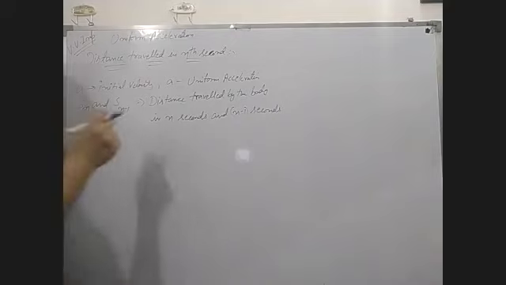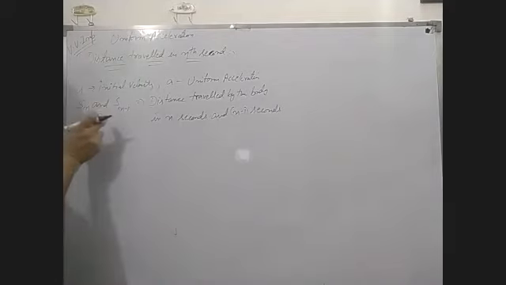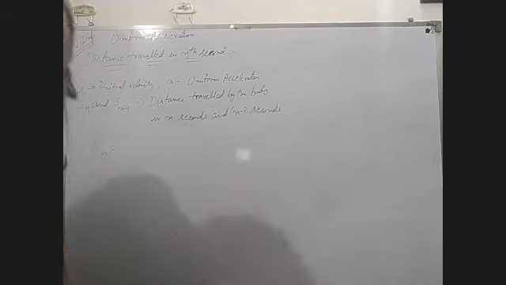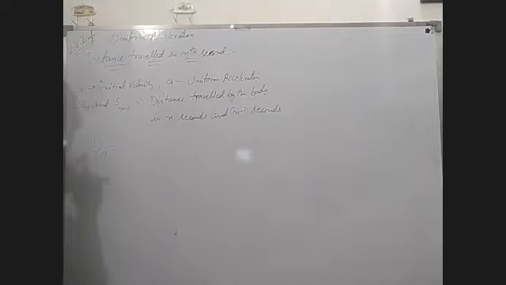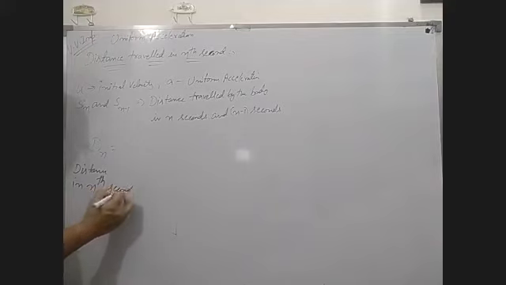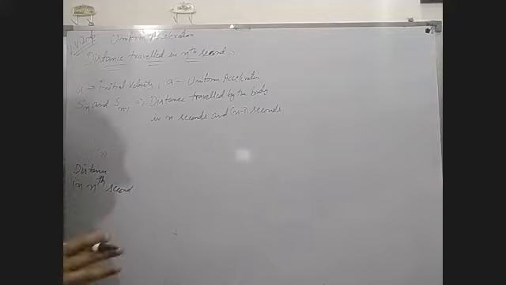Now, what is the distance in the nth second? Now let us take Dn here. Okay, and this Dn is the distance in the nth second, not n seconds, nth second. Only in the last second, how much distance is covered by the body?